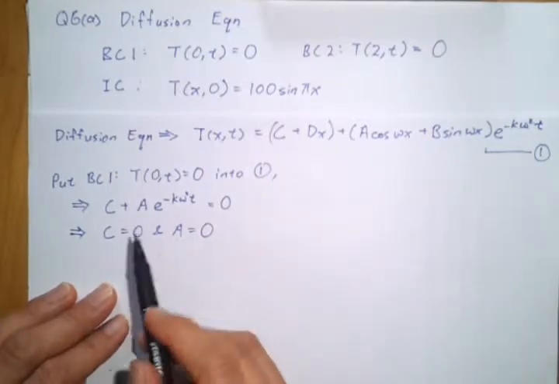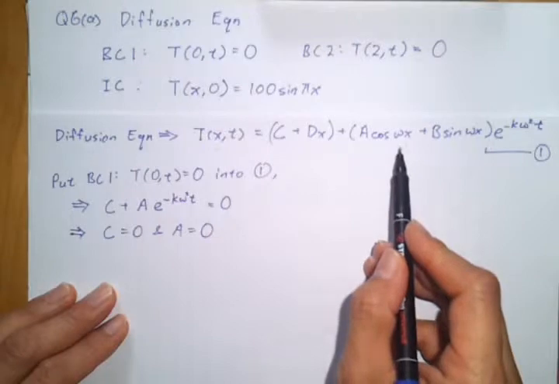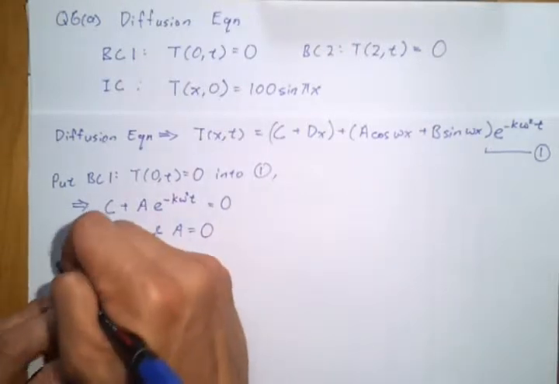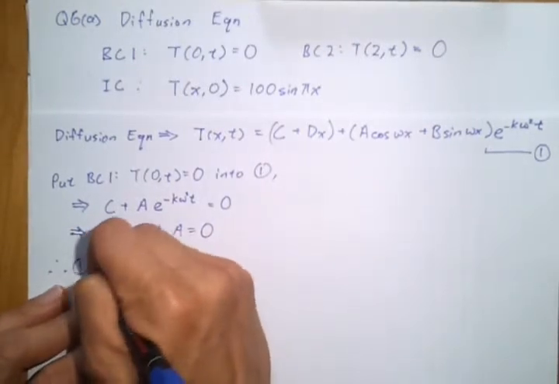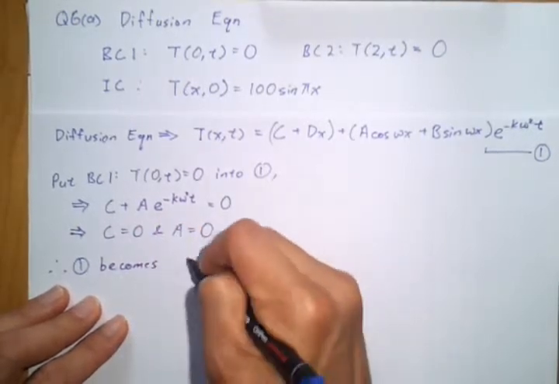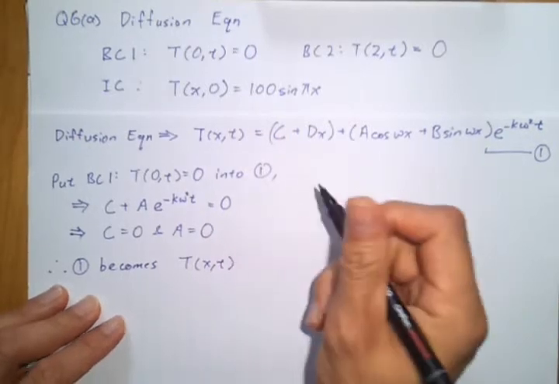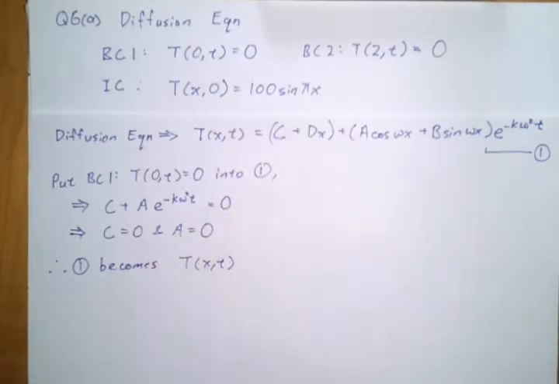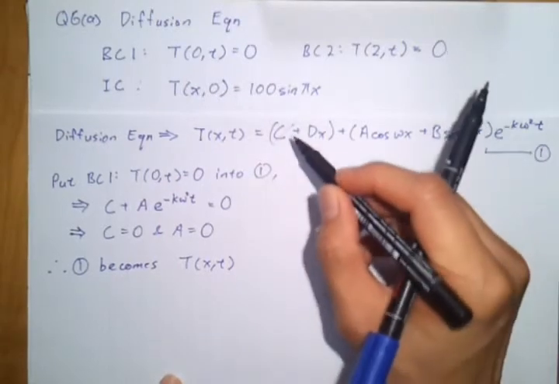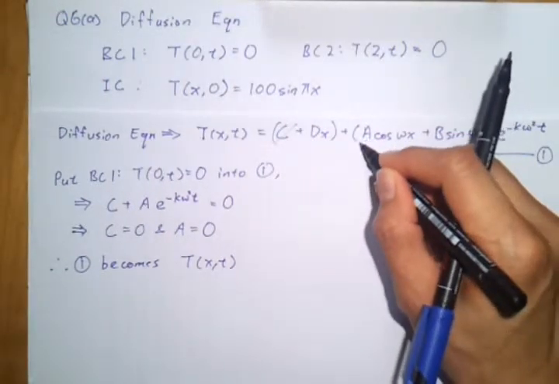So you put C equals 0 and A equals 0 back into equation 1, and then you can see that your updated solution becomes, okay, C is 0 and A is also 0, right?